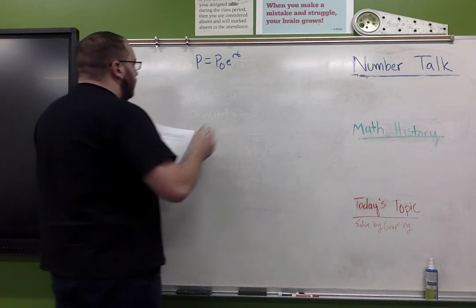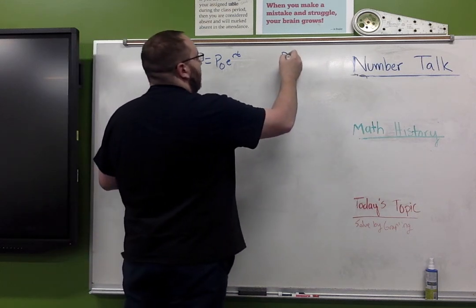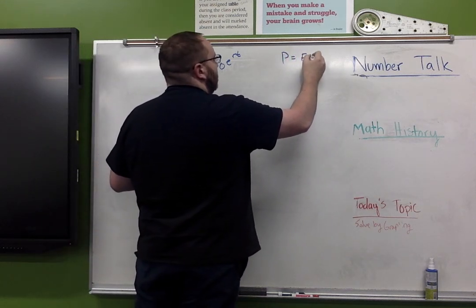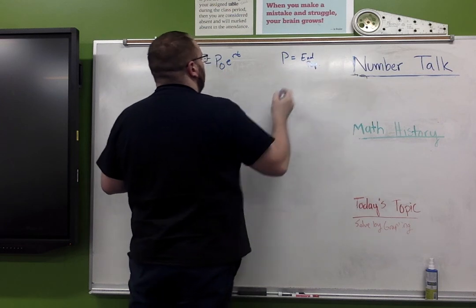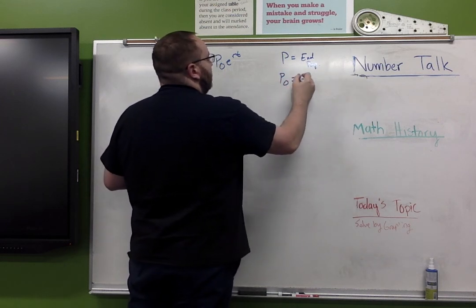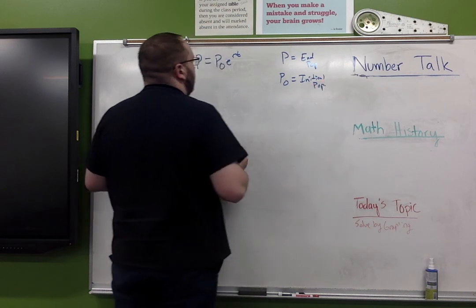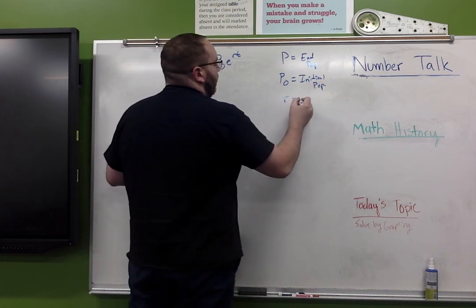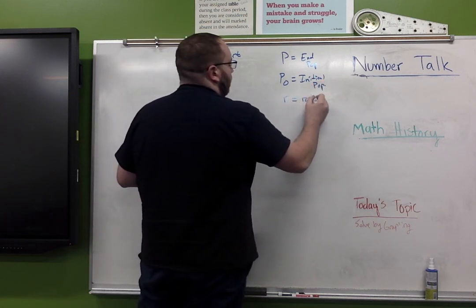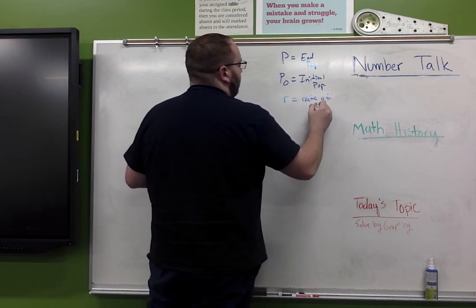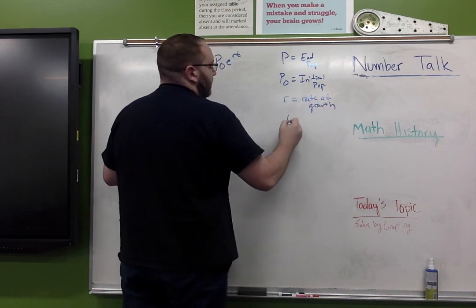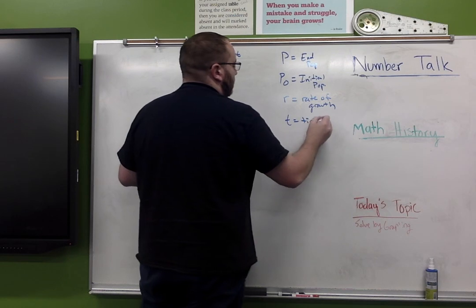P is the ending population. P naught was the initial population. We don't know that. R is the rate of growth. And t is the time in days.